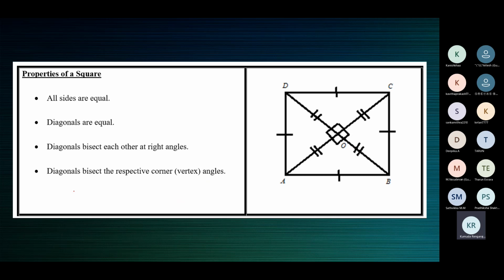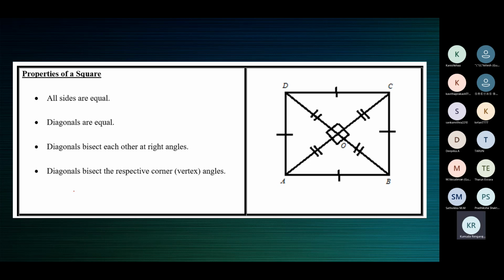These are the properties of a square. All sides are equal, diagonals are equal.